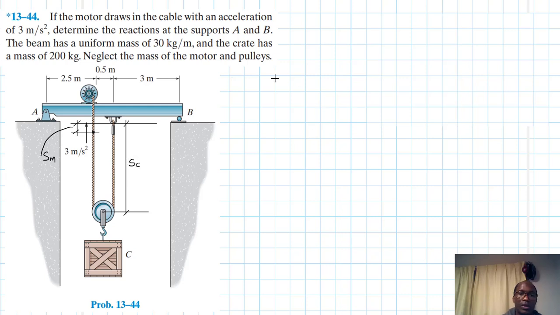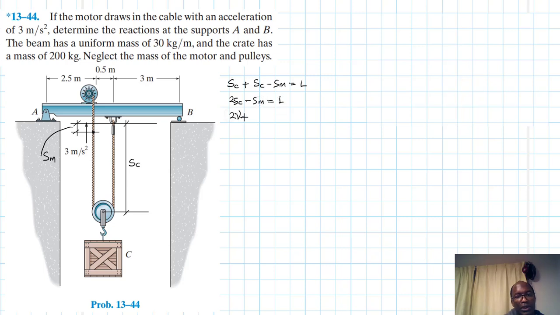Let's now relate this to the length. So we'll have SC plus SC minus SM equal to L, and this gives us 2 SC minus SM equal to L.